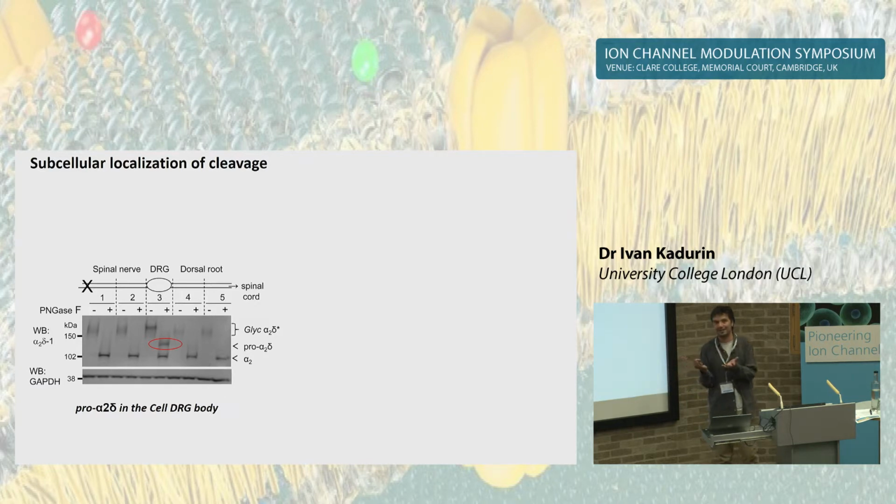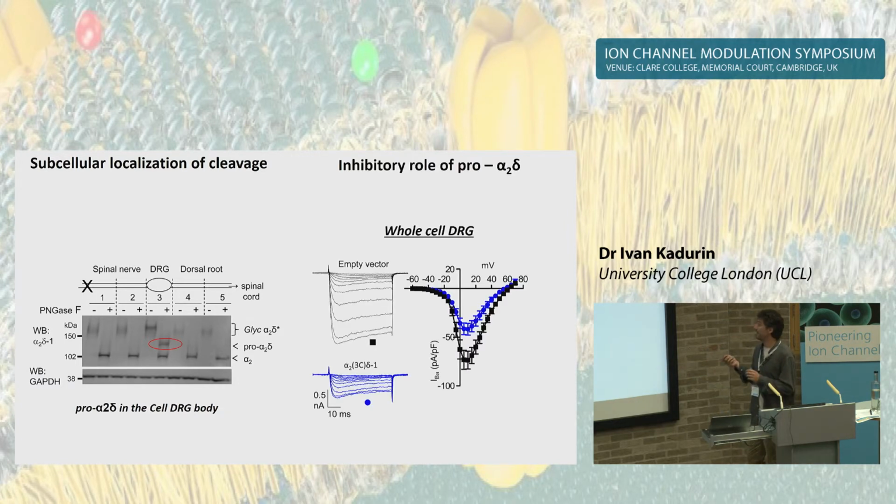So it's again an indication that during the trafficking somewhere, the proteolytic cleavage occurs. And we also did some experiments overexpressing this uncleavable version of the subunit just in DRG neurons.